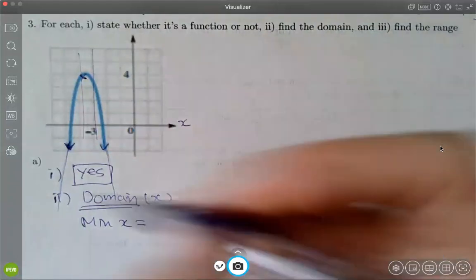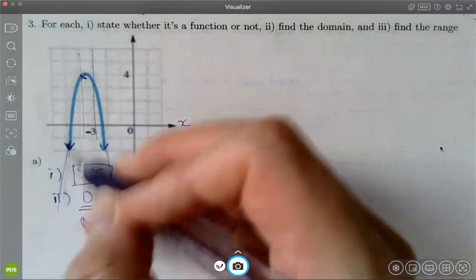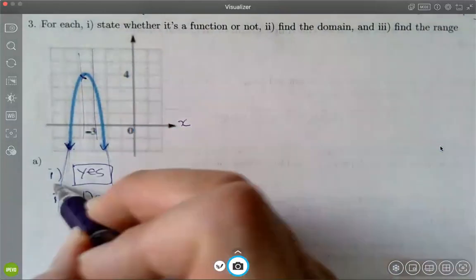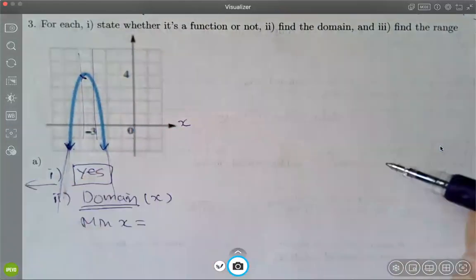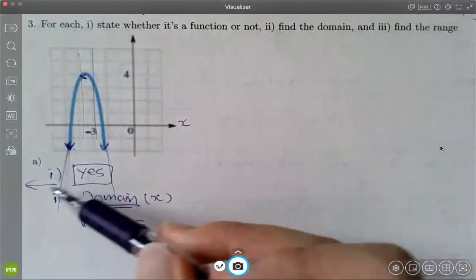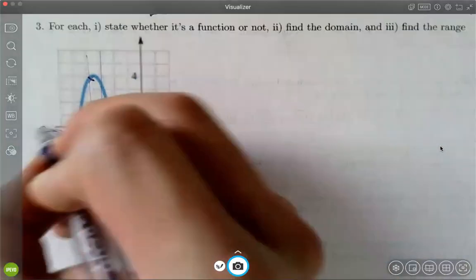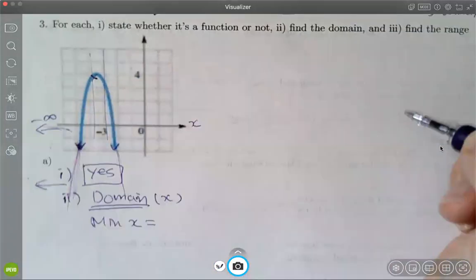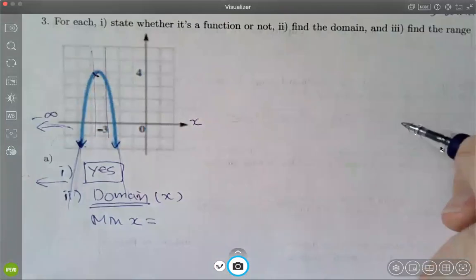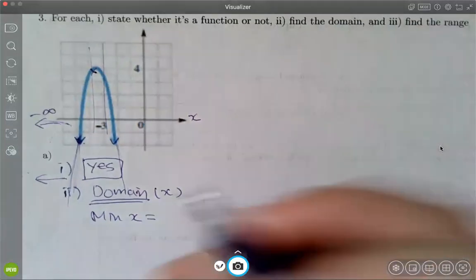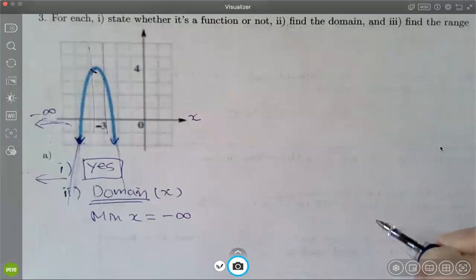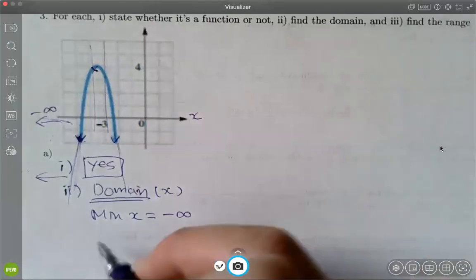For this left tail here, it's slowly going toward the left side. Now, what does this direction mean? That is the negative infinity direction, right? For the x values. Okay, so the minimum x is negative infinity. And now, what is the maximum x?